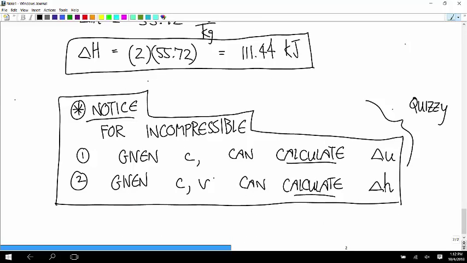Remember that if you need to calculate the change in internal energy or the change in enthalpy for a liquid or a solid, usually a liquid, and you don't have a more precise way to do it, you can use this approximation. If it's a liquid, you're losing a little bit of accuracy by assuming it's incompressible, but it's a lot better than nothing.